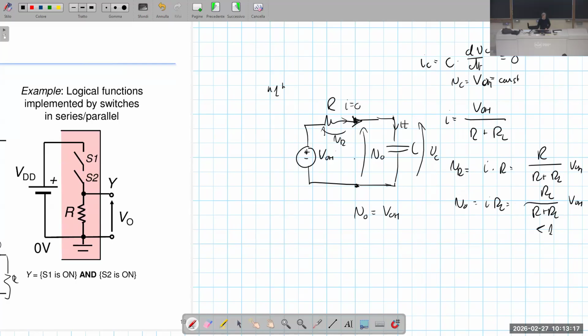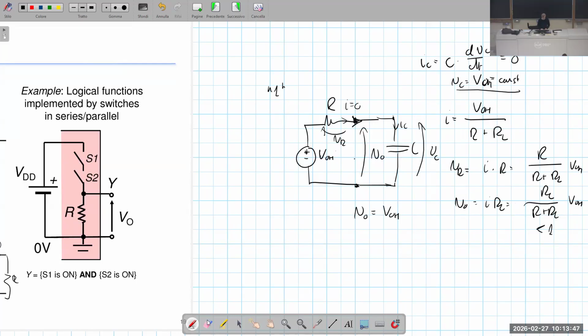So the current flowing through the gate is 0 in static conditions, when the digital output is at a fixed state, and we are not considering the transitions from one state to another. As far as the output of the gate is constant, we have no current flowing here, which means the capacitor can be regarded as an open circuit.